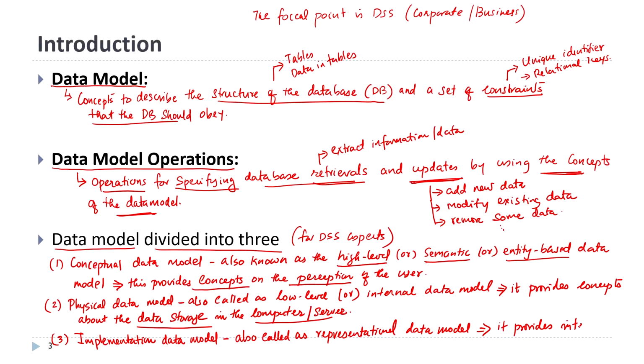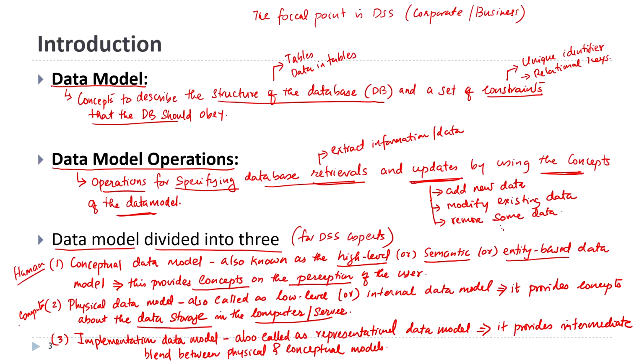It provides an intermediate blend between physical and conceptual models. The idea here is that the conceptual model is in the mind of the human, and the physical model is in the computer.